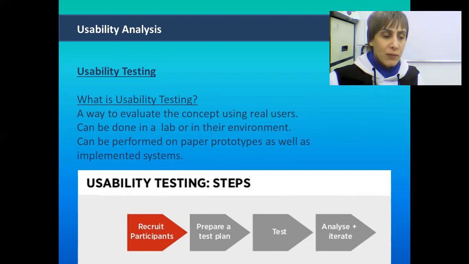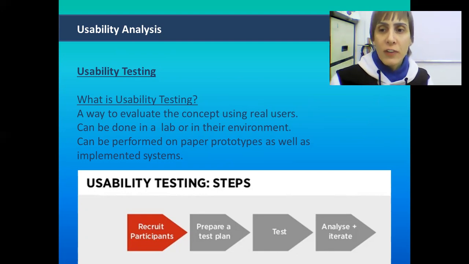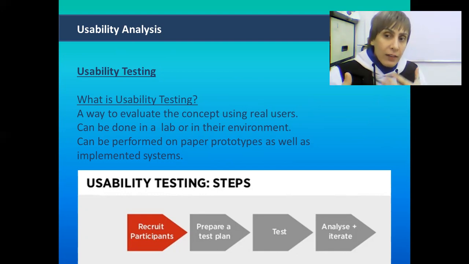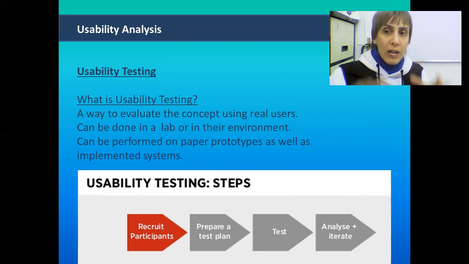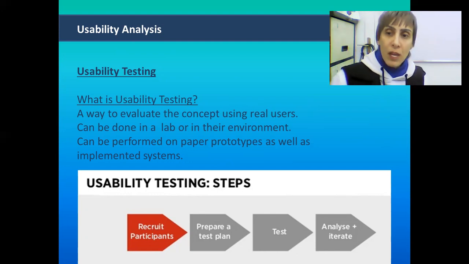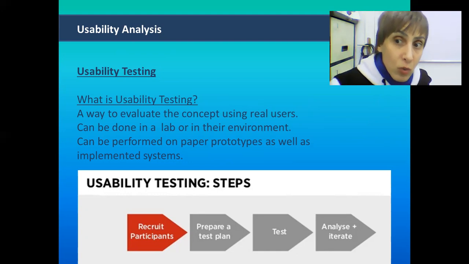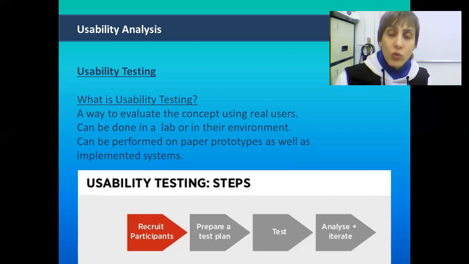Notes of all the problems that happen, all the mistakes the user does, everything that the user is not clear about or doesn't understand, so that I can solve all the usability problems before I design the real thing, before I design the real device and put it out on the market, before I design the real application and put it out for human use, so that I'm sure that it is user-friendly.